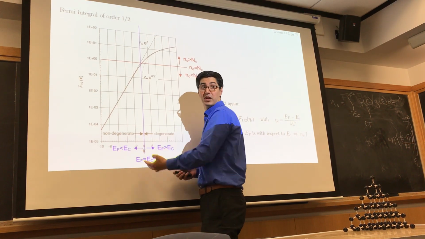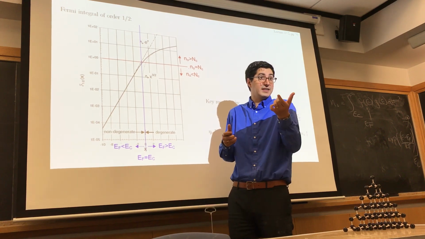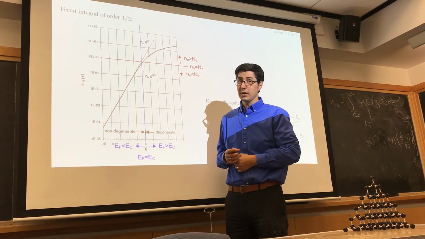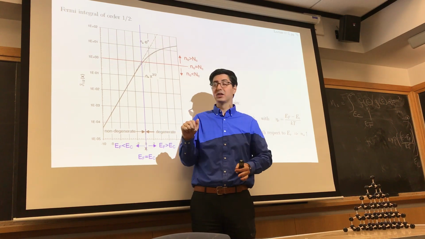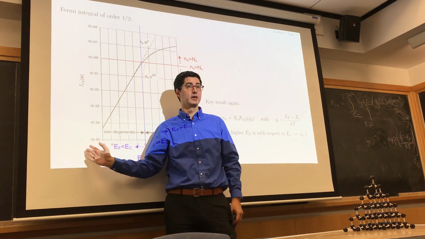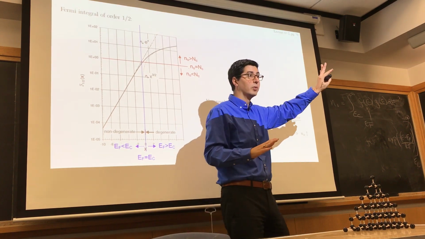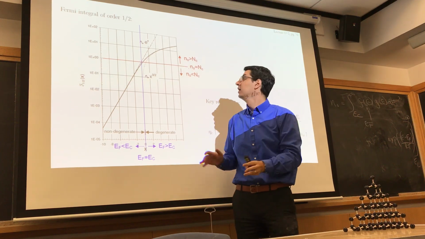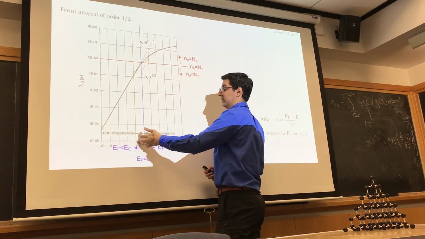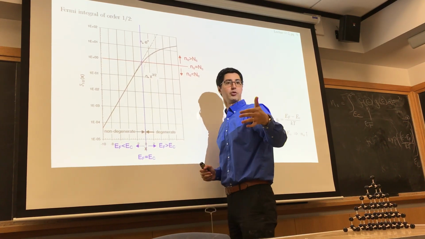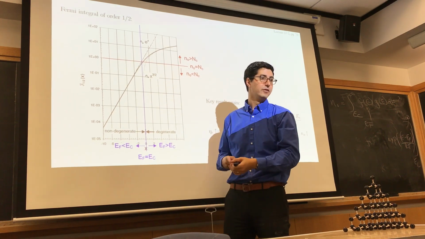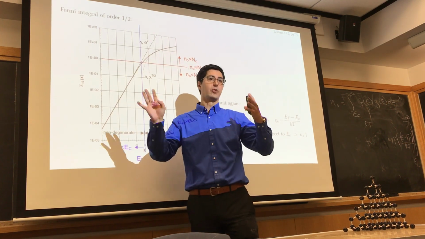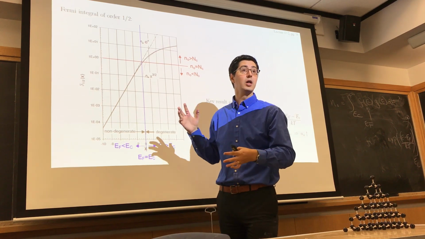Here, EF is below the conduction band. I'm just plotting what that exact integral looks like. And as long as EF is far enough below the conduction band, it's just this exponential decay. That's as if we had done Maxwell-Boltzmann and everything's the same. Now, as my EF gets closer, that integral starts to look different, and it has different behavior. There's approximations to it in that regime as well.